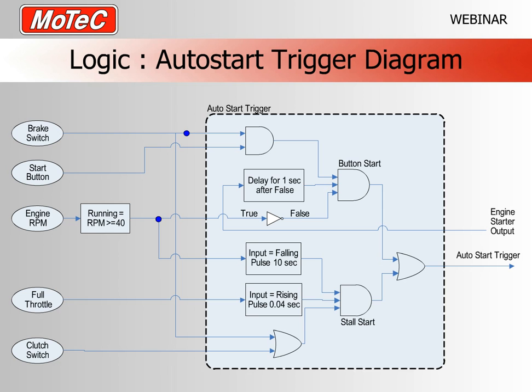Okay, now we're going to take a closer look at the Autostart block diagram, and as you can see here, now we've incorporated the normal logic that you would see in a logic diagram. I have to point out here that one of the reasons the PDM is actually quite easy to use is because you don't need to design this sort of logic diagram to achieve the functions we're going to show you.